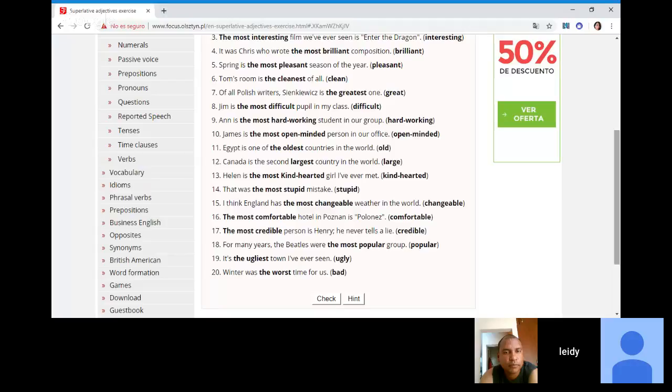What is the difference between the comparatives with respect to the superlatives?